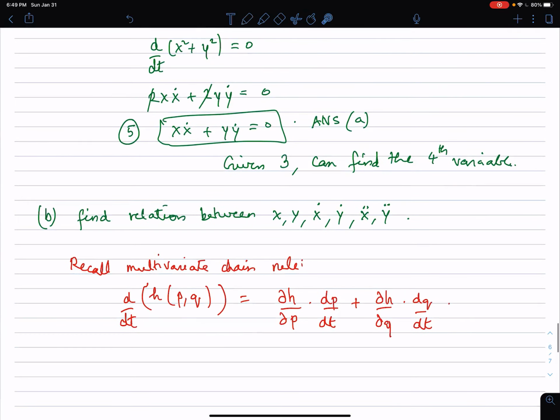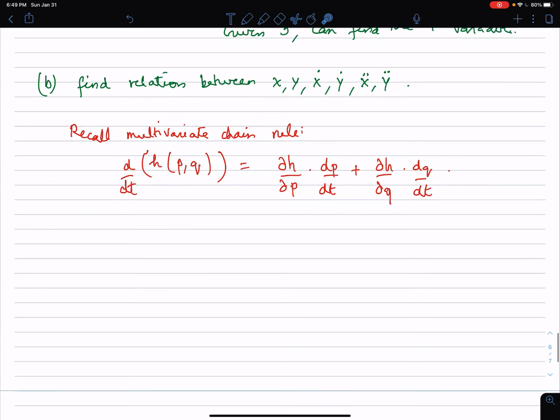So corresponding to that, if we ask for the derivative of x dot, you can think of x dot as h of p comma q, where p is x and q is x dot.